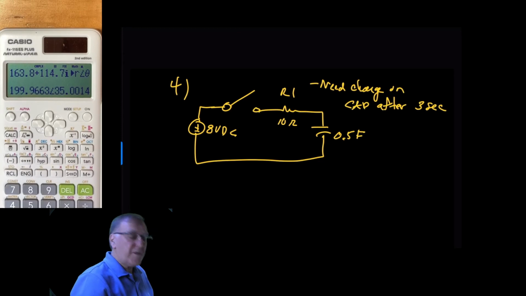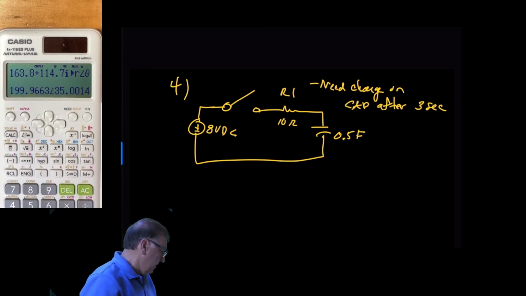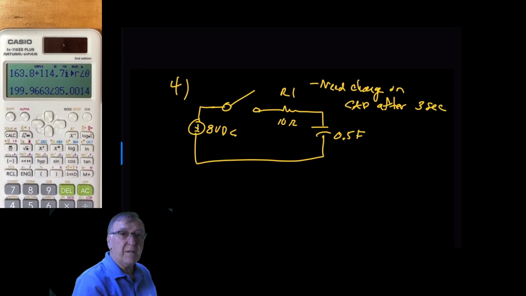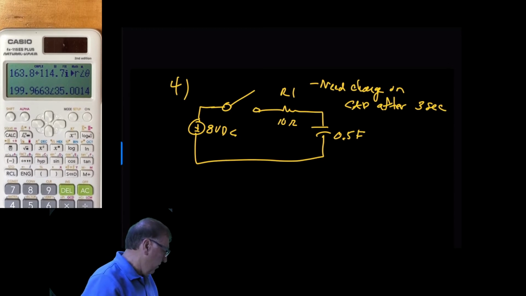So for question 4, this is a time constant problem. They want us to calculate the voltage on the initially uncharged capacitor 3 seconds after the switch closes.